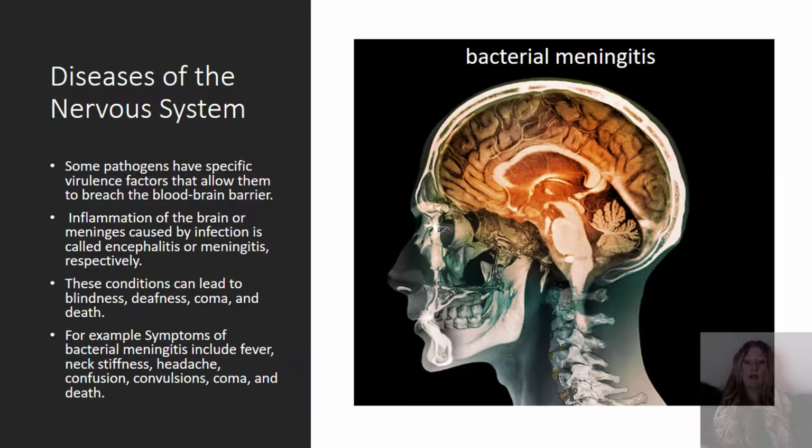Inflammation of the brain, or meninges, caused by infection is called encephalitis or meningitis, respectively. These conditions can lead to blindness, deafness, coma, and death. For example, symptoms of bacterial meningitis include fever, neck stiffness, headache, confusion, convulsions, coma, and death.